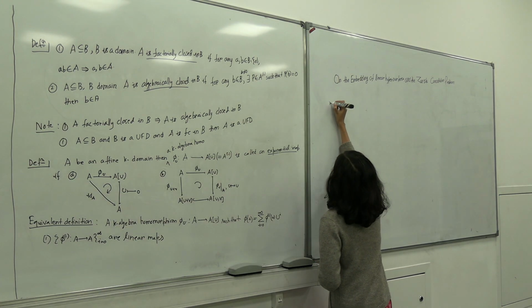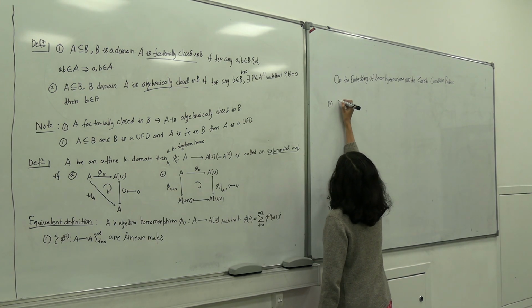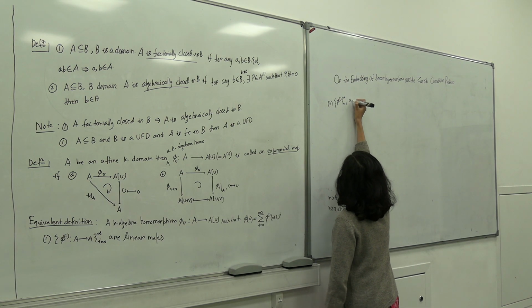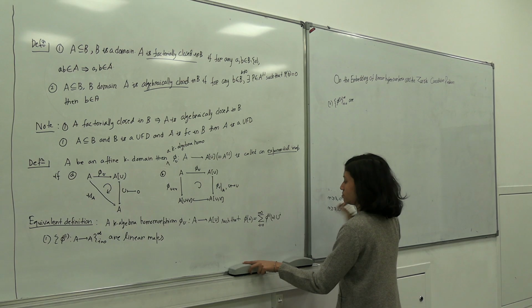Number 2 is that phi_i, i running from 0 to infinity, are finite.